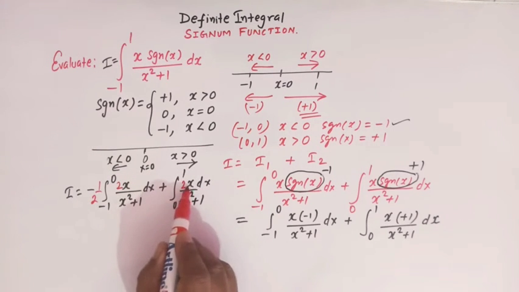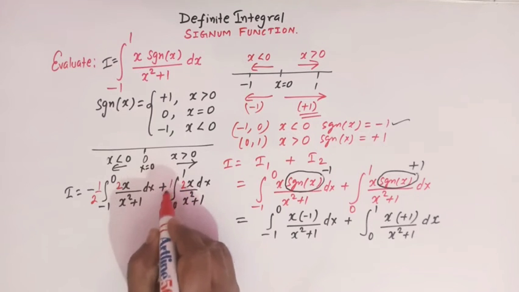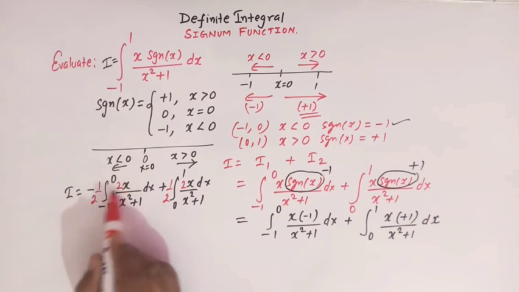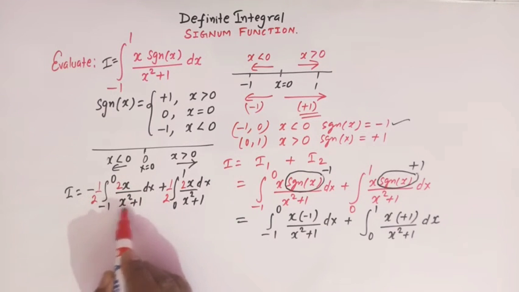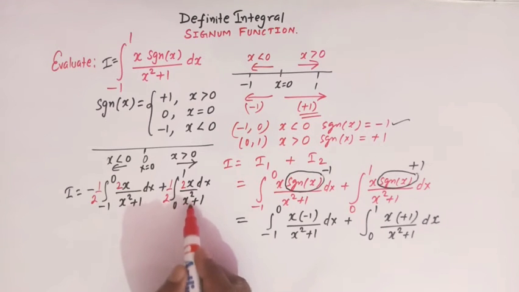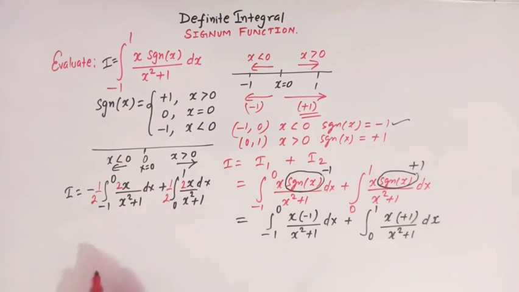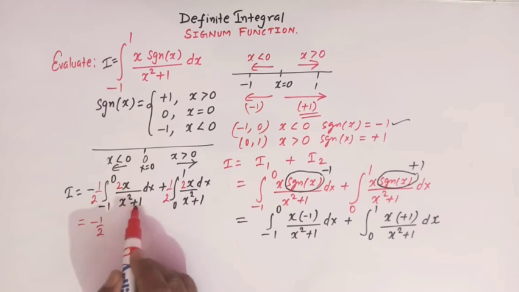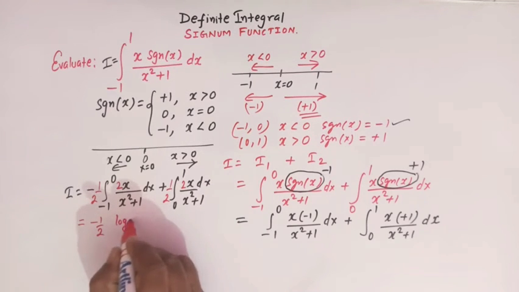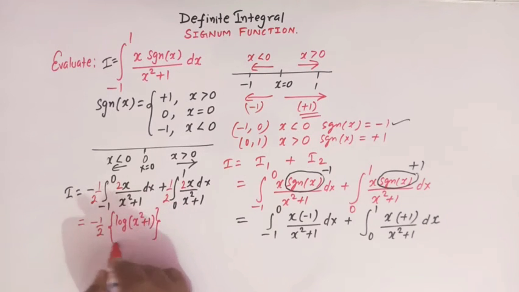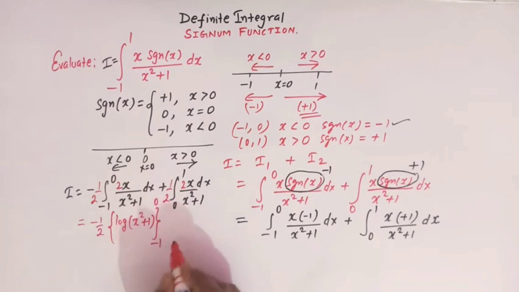We are doing this because the derivative of x square plus 1 is 2x. So now we have minus half, and the integral of 2x over x square plus 1 is simply the log of x square plus 1, and the limits are from minus 1 to 0, right?